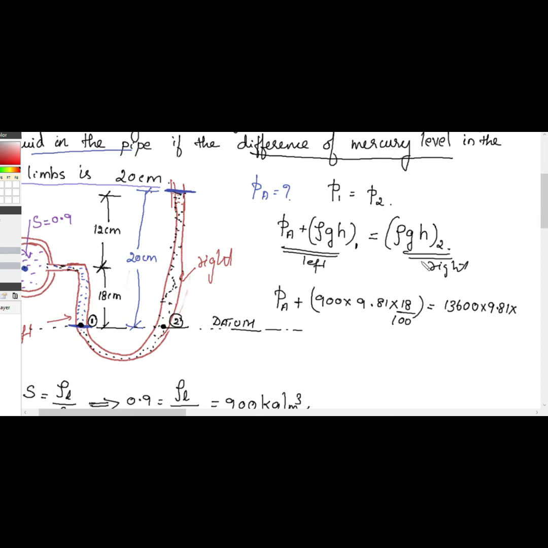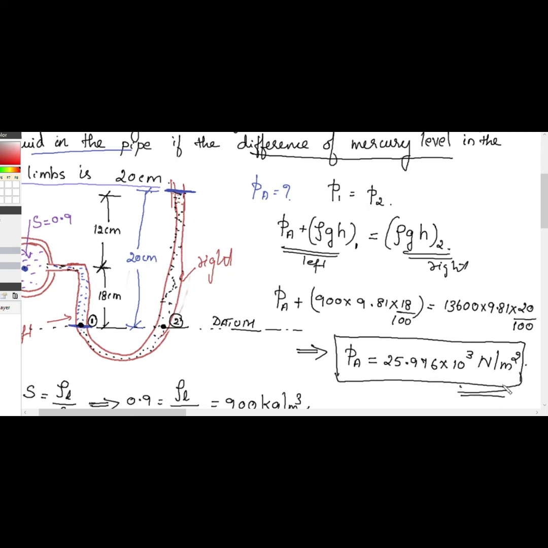Here also h2 is 20 centimeter, so in order to convert it into meter, divide it by 100. So we get PA. Substitute, solve this. We get the pressure at A equal to 25.976 into 10 to the power of 3 Newton per meter square. So this is your answer.